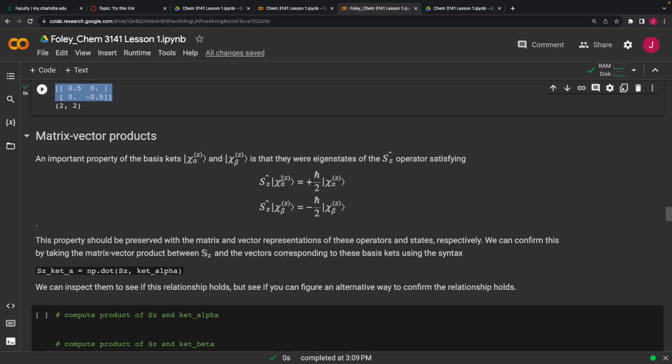And what that means is, if I in general have some matrix and I multiply that matrix by some vector, I get a new vector on the right-hand side.